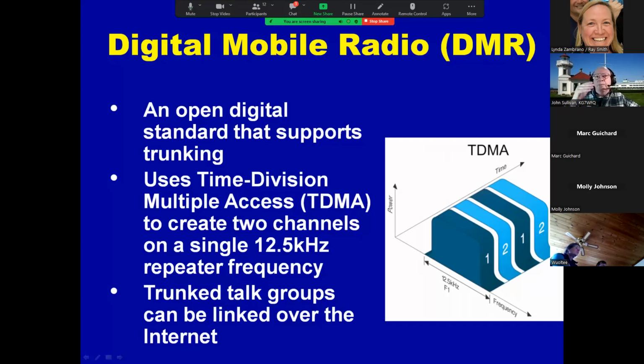It's basically chopping your signal up into little bits, and only half of them go out over time, but that's more than enough for the signal to be readable. So you can get two conversations on the same frequency at the same time with DMR radio. That's kind of what is interesting about it for our purposes here.